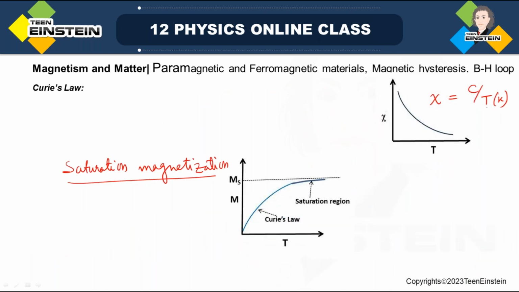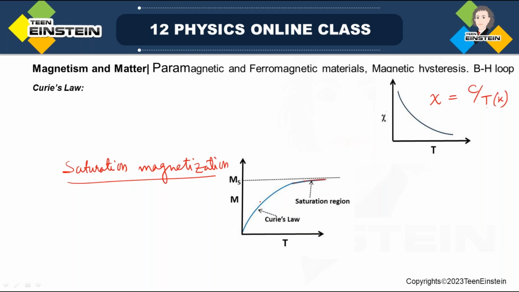Look here, this is the region of saturation with temperature. At a certain temperature and at a particular field, it will be saturated. After saturation it will be constant like this, it will not increase further. The magnetization at the saturation state is called saturation magnetization, denoted by Ms.